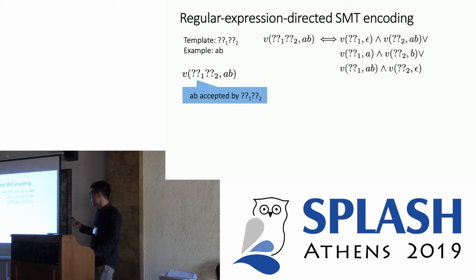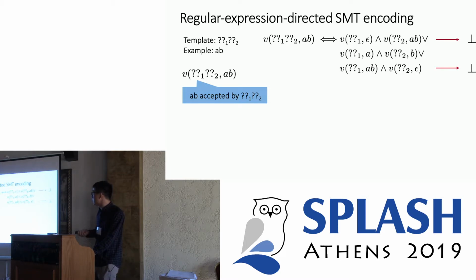Since there are 3 different ways of partitioning AB, the formula is a disjunction over 3 subformulas. The first subformula is that hole 1 will accept the substring epsilon, and hole 2 will accept AB.